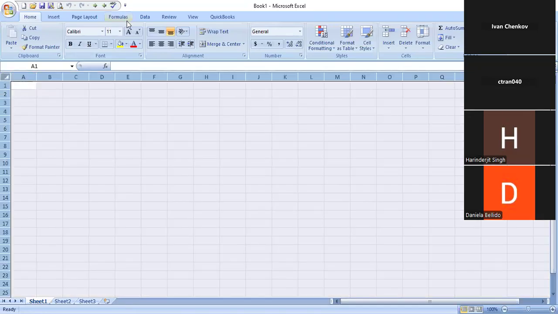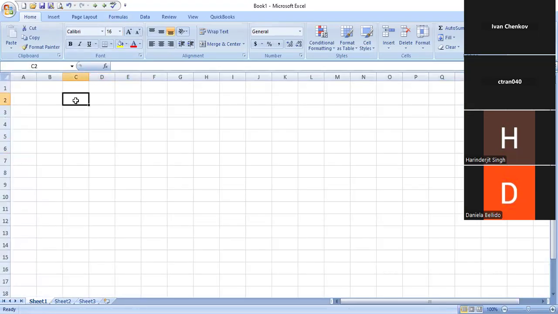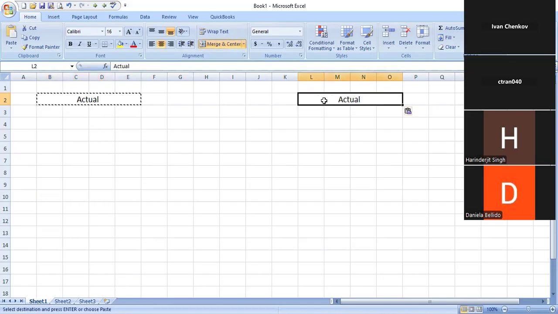Let's make it a little bit bigger so you can see it better. And we're going to do some writing here. So first, on one side, we're going to have the actual. On the other side, we're going to have our standard.